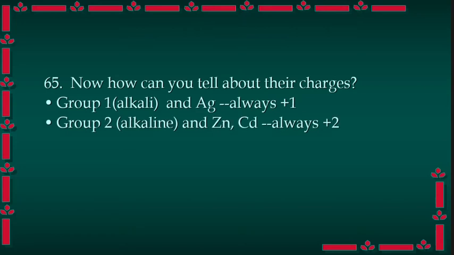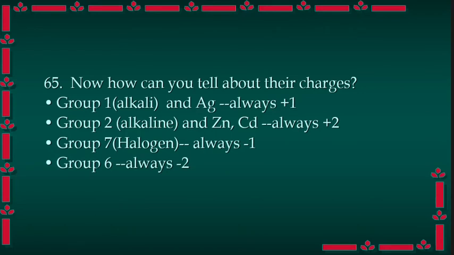Group 2, the alkaline, zinc and cadmium are always +2. Group 7, the halogens are always -1. Group 6, always -2, as long as they're on the right side of the zigzag line. Aluminum, gallium, thallium, +3.